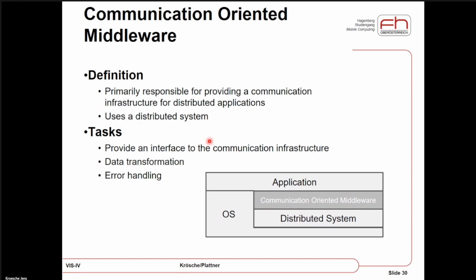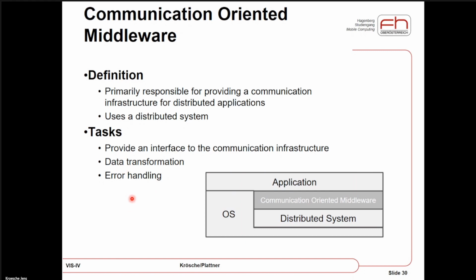The task is that it provides a specific interface to the communication infrastructure. Namely, it gives us the power to call these methods, procedures, functions as if the system was locally available. And in the background, it automatically transforms our wish, and of course the data of our wish, into something that can be transported over the network and executed on a distant remote server.